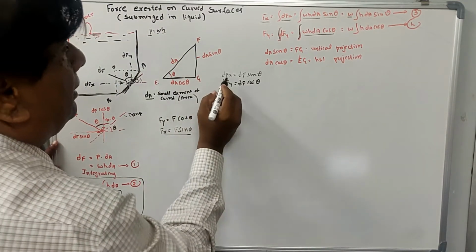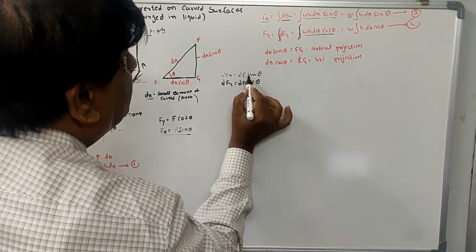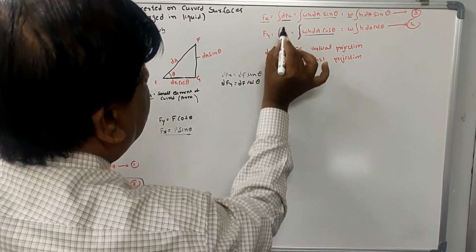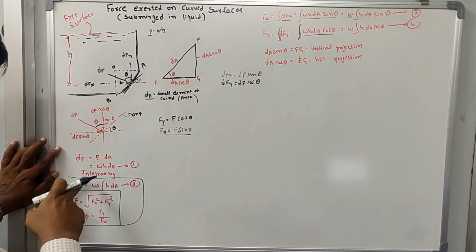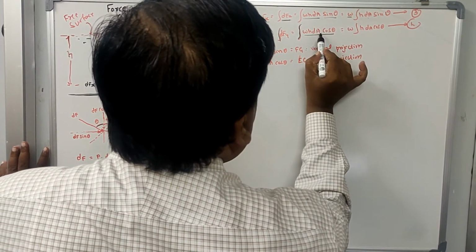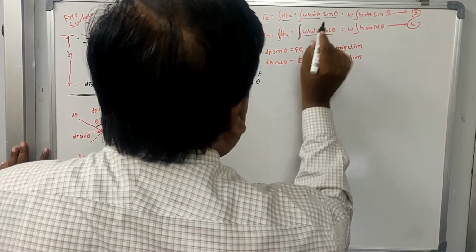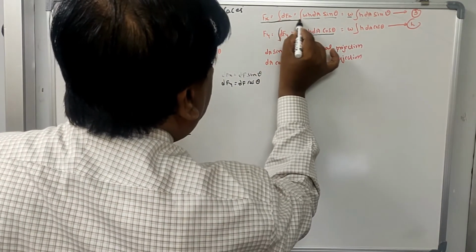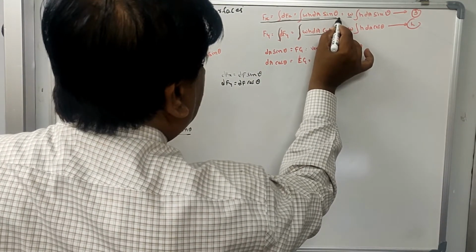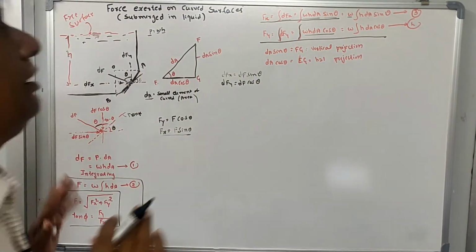So dFx is equal to dF sin theta, and dF is w h dA multiplied by sin theta and cos theta. This gives you the total force in the horizontal direction, and this gives you the total force in the vertical direction.